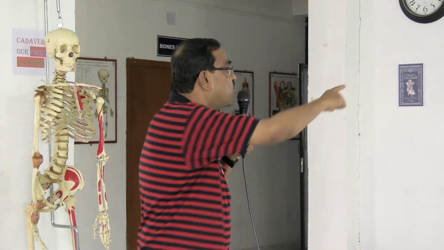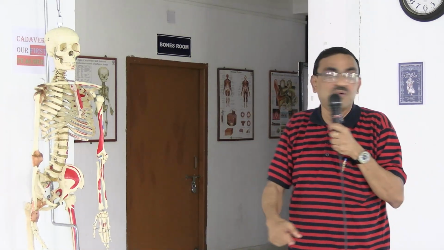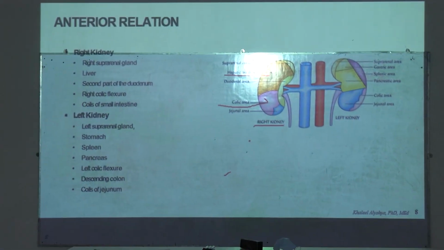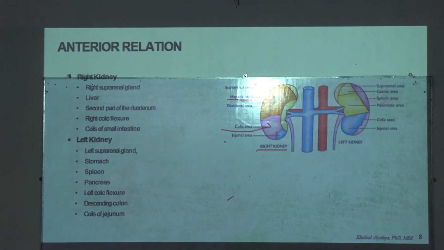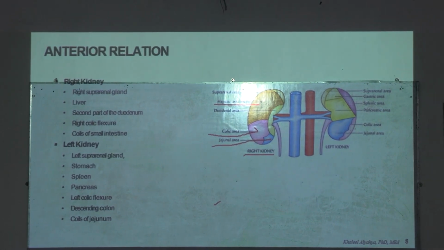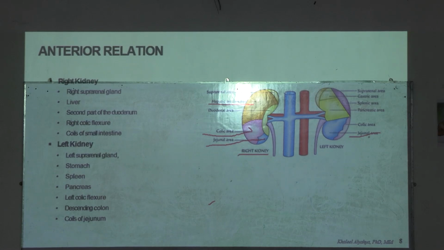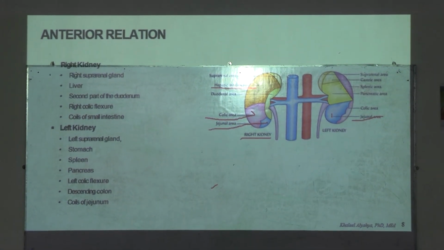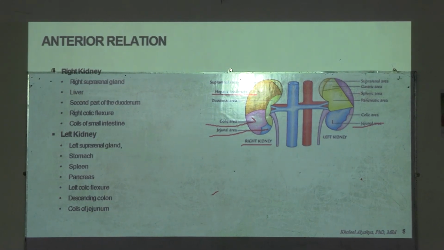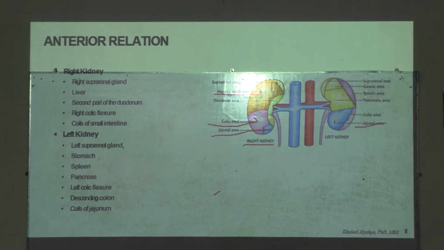So the right colic flexure and the transverse colon give an impression over the anterior surface of the right kidney. And just below that, the area is in relation to the jejunum. The coils of jejunum come in relation to that area. So these are some relations of the anterior surface of the right kidney.